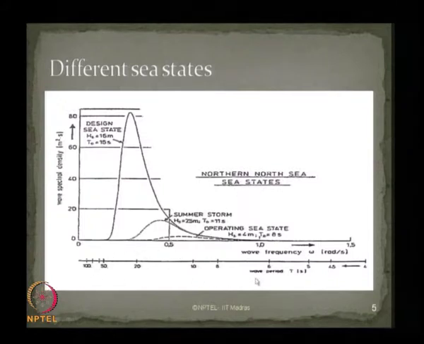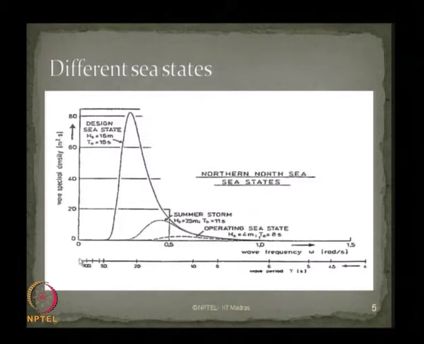The x axis of the curve plots different wave periods in seconds varying from 4.54 to 100, whereas the wave spectral density is varied on the y axis from 0 to 80. If you look at the wave frequency, which is again plotted on the same figure, the wave frequencies vary from 0 to 1.5 radians per second, while the wave periods vary in reverse of this order.